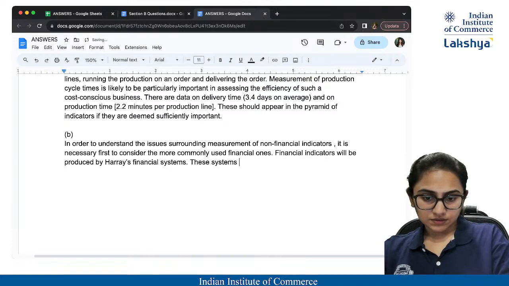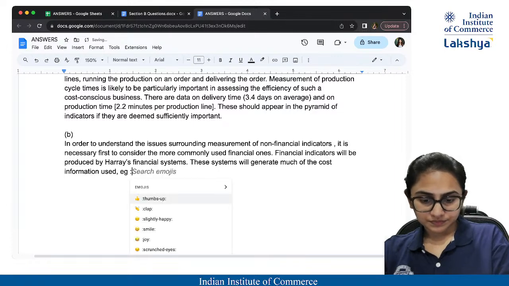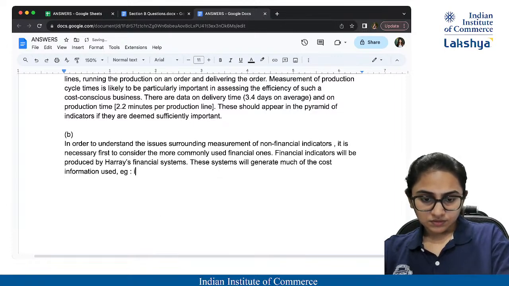These systems will generate much of the cost information used, for example, in measuring the cost of quality.